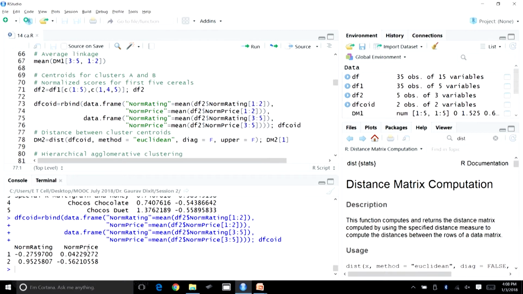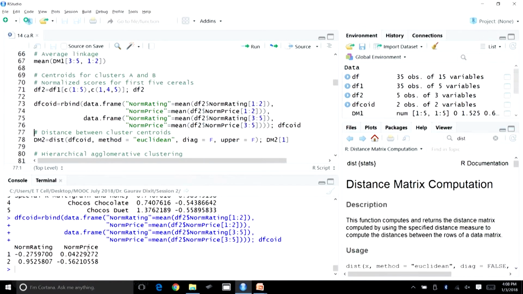If we want to compute the distance between two clusters using the centroid distance method, then essentially what we need is to compute the distance between these 2 points. For this we can use the distance function again, just like we had computed the distance matrix for these 5 cereals. Here again we have 2 points and we need to compute the distance between these 2.